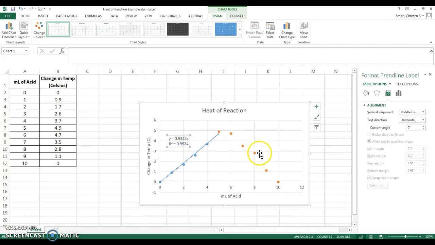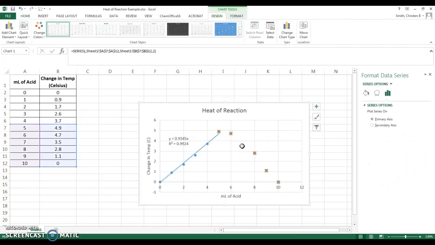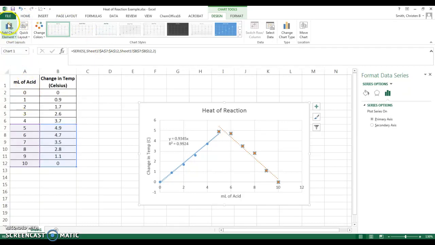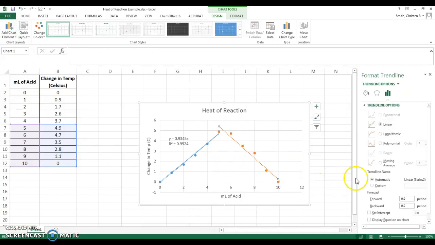Next, I'm going to click on my red data points. These are my data points with the negative slope when it starts to go down, the change in temperature. I'm going to add a trend line for those. So again, I'm going to go to a linear trend line, and I want more trend line options so I can display the equation.